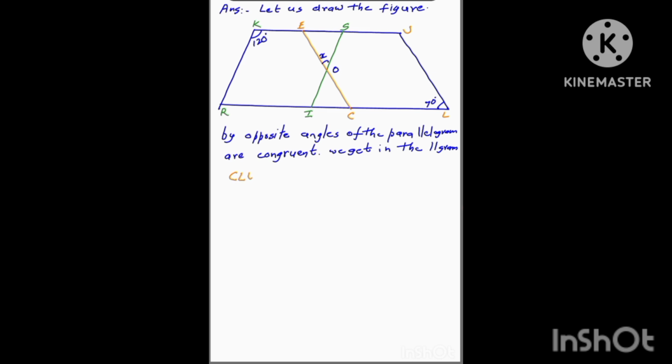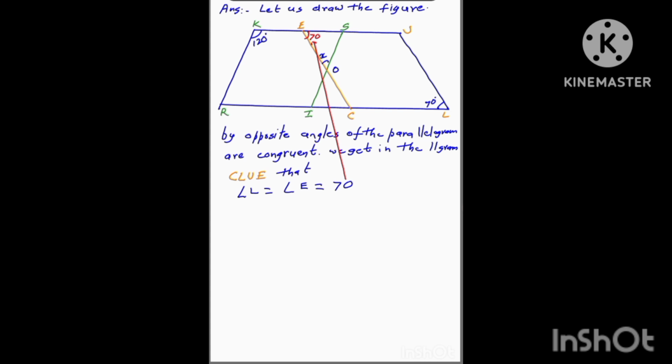So in parallelogram CLUE, angle L is equal to angle E, that is equal to 70. So E is 70.